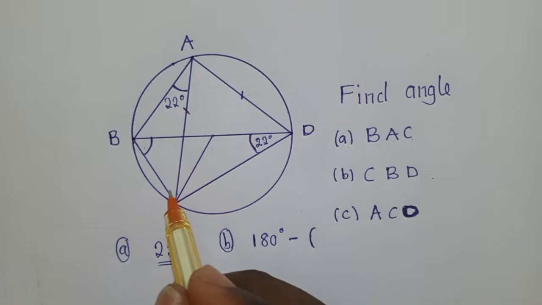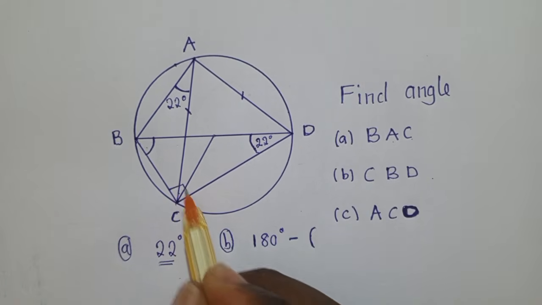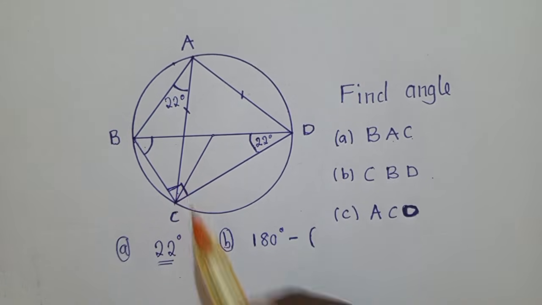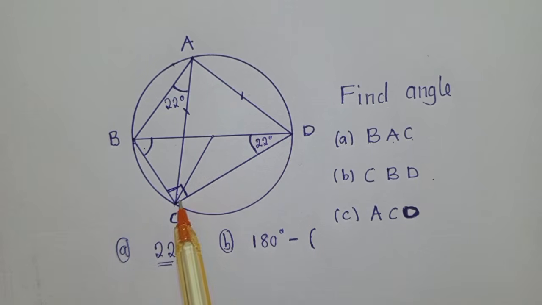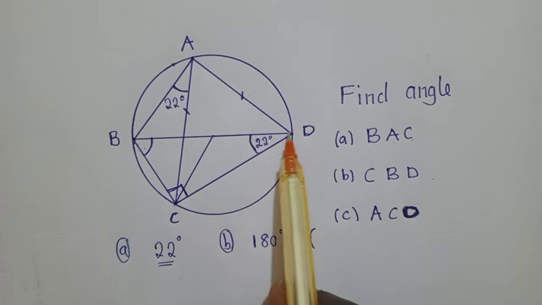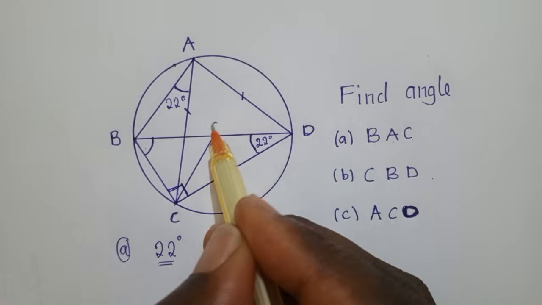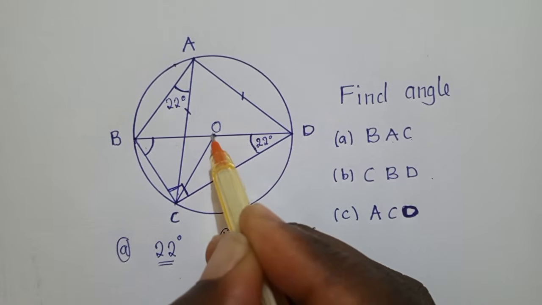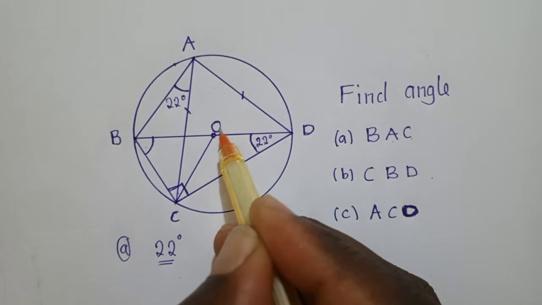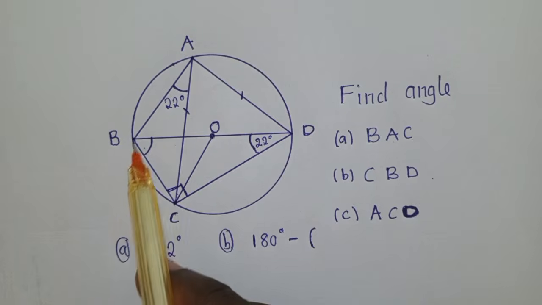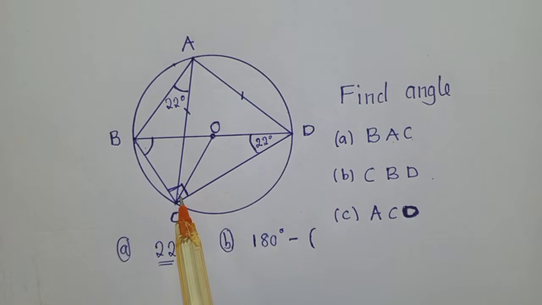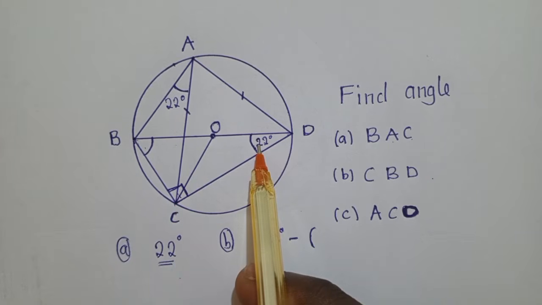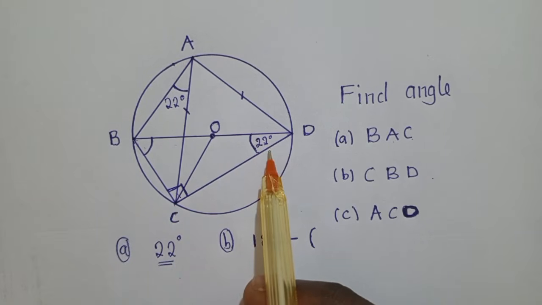Remember property number 2, we said this is 90 degrees. This is because we've got a triangle inside here. You see, it's passing through the center. There is a center here, O. Keep it in your mind that this is center O. So it's passing through the center. This is 90 degrees. So we're going to add 90 plus 22. And we subtract from 180.